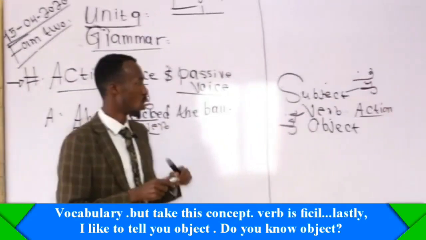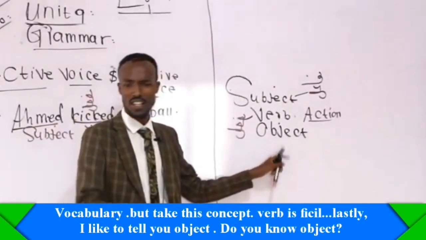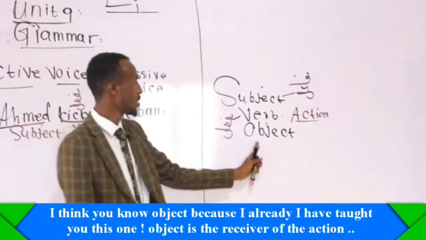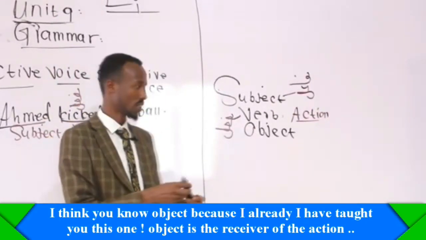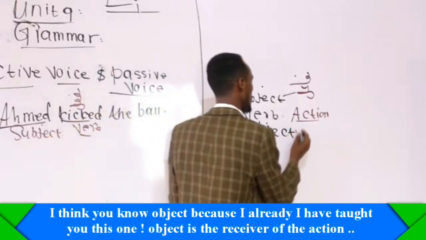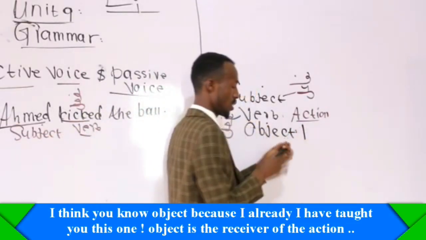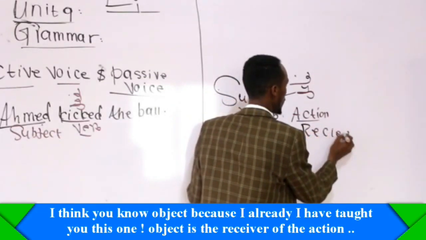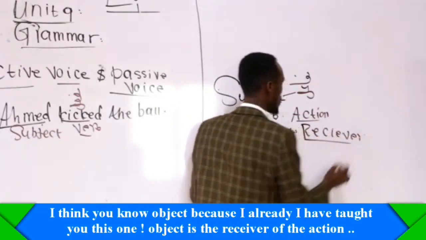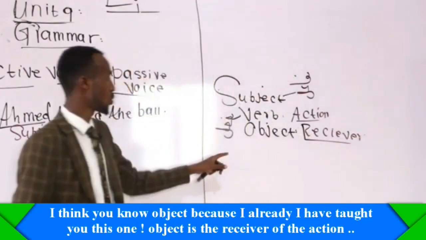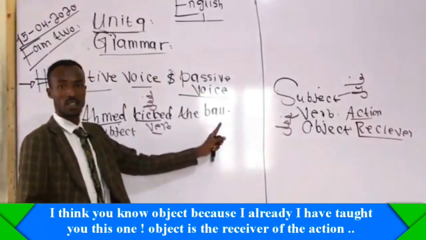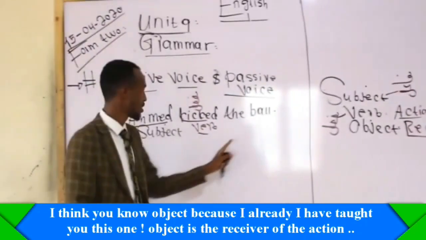Lastly, I like to tell you about the object. You know object? I think you know object already because I have told you this. Object is the receiver of the action. It is always a person, thing or animal, and we can put it at the end.